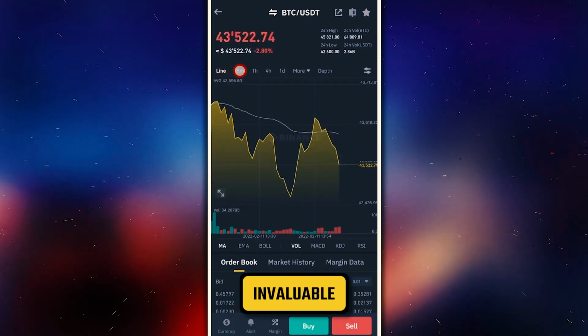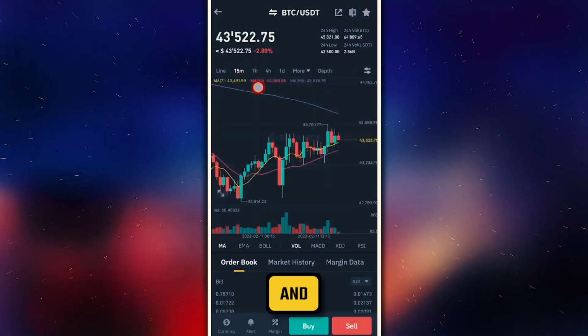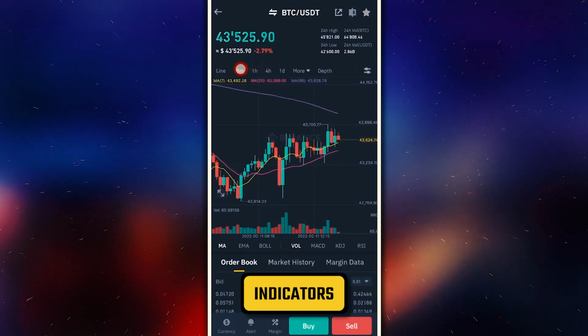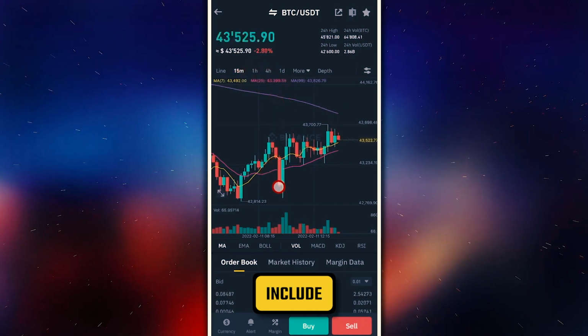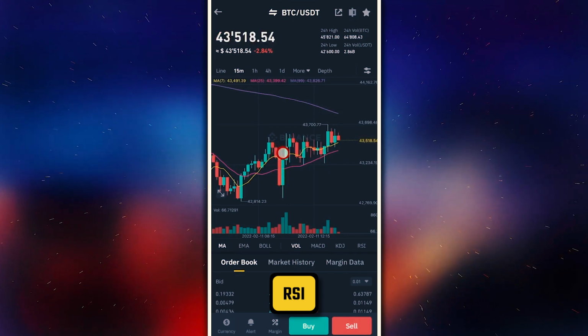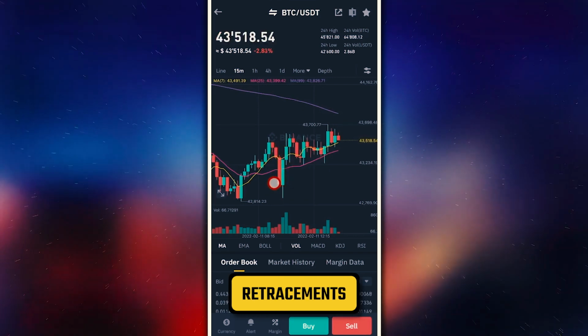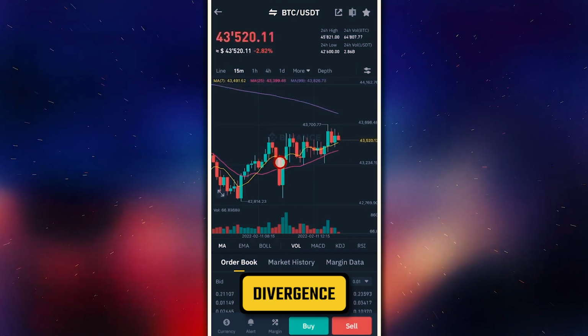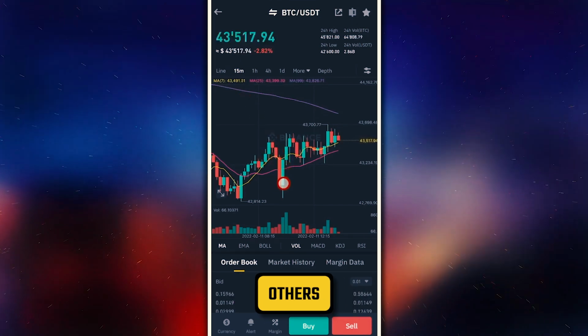This information is invaluable for backtesting strategies and trying out various technical analysis or TA indicators. Common TA tools include moving averages, RSI, Fibonacci retracements, and the moving average convergence divergence, or MACD, among others.